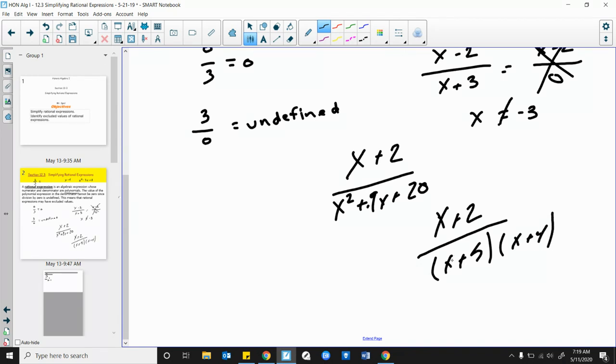Now, what can't x be? Neither of these factors can be 0. If this one's 0, 0 times that would just be 0, and the denominator would be 0. So x can't be negative 5. And here, negative 4 plus 4 would equal 0, and 0 times whatever this is would still be 0, so x can't be negative 4. So right there, I have two values that x cannot be. Those are called excluded values.